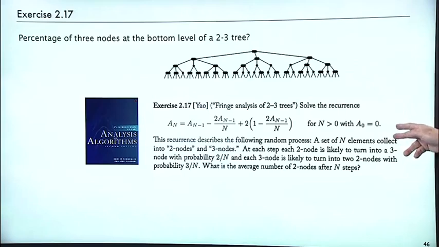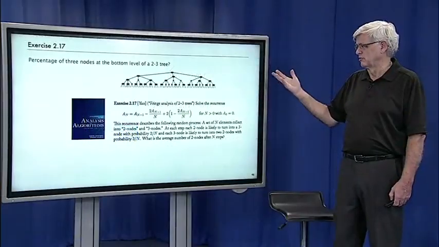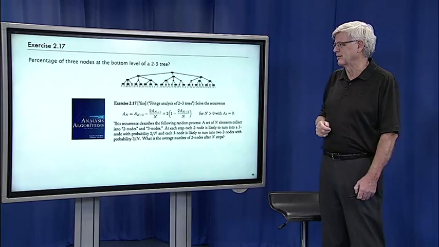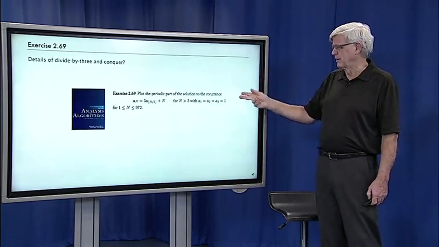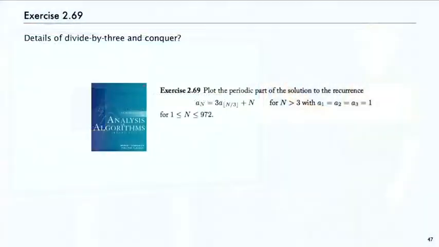It's an interesting random process and leads to an interesting recurrence with a solution that's definitely of practical interest. Here's another one: try divide by 3 and conquer. So a sub n equals 3 a of floor of n over 3 plus n.